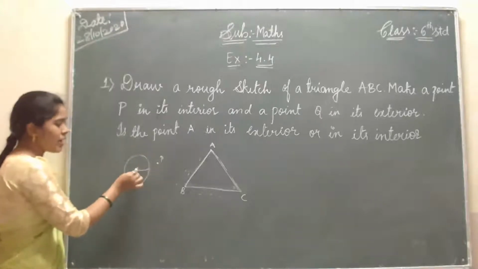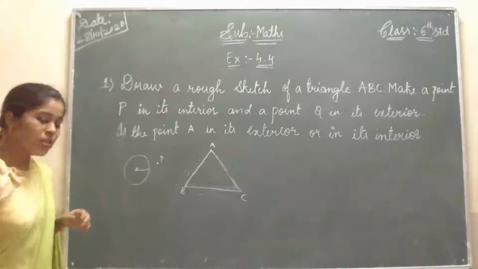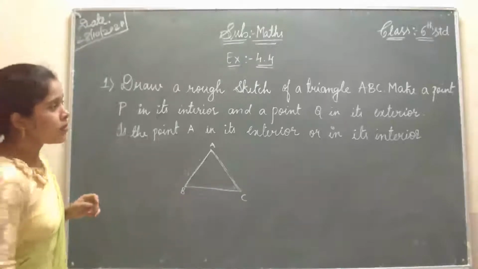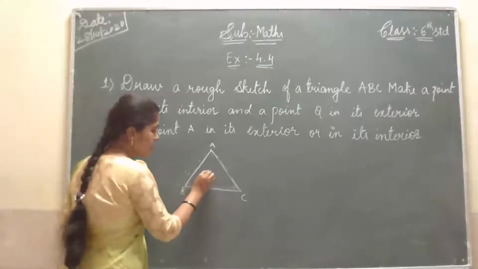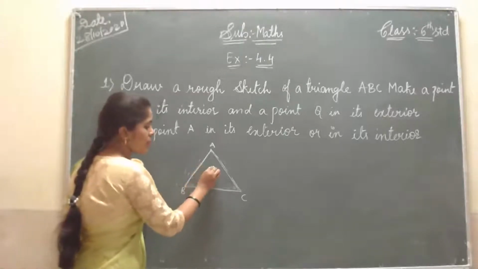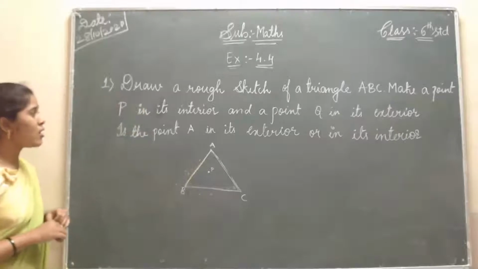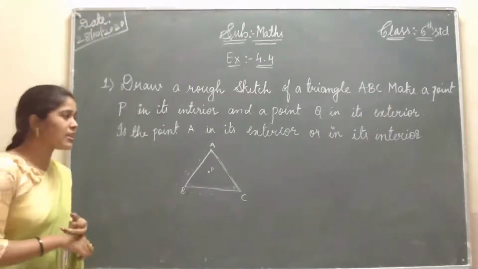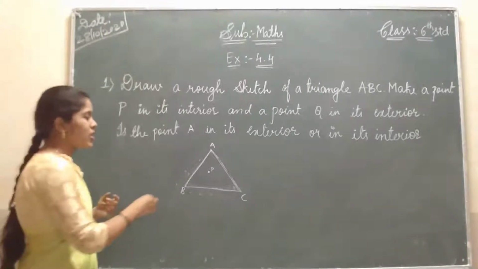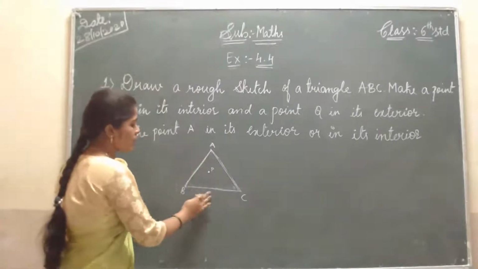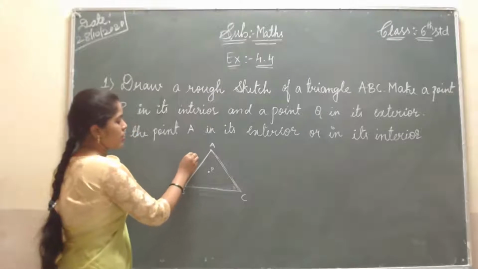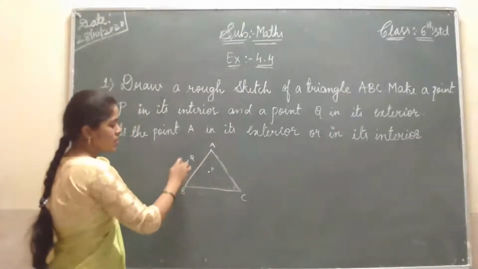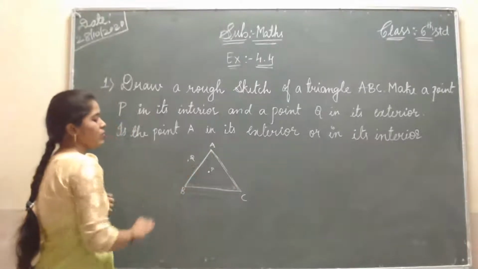In this triangle, take P anywhere at the interior part, inside the triangle. And Q in the exterior. Exterior means you can take it anywhere you want, here or here. So we have to take Q anywhere in the exterior part.